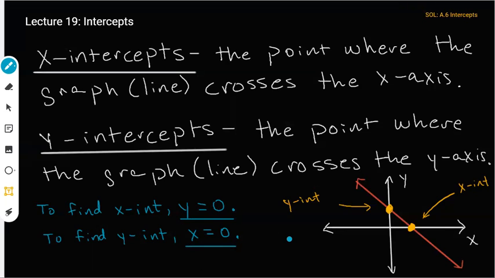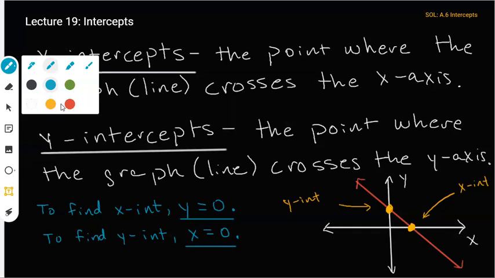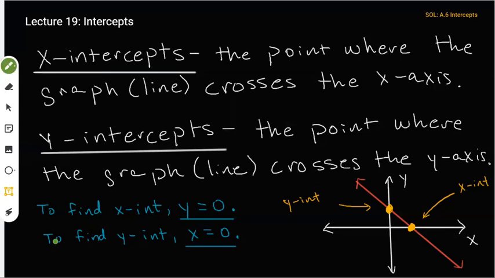So we're always letting the opposite variable be 0. So I'm going to write, let the opposite variable be 0.